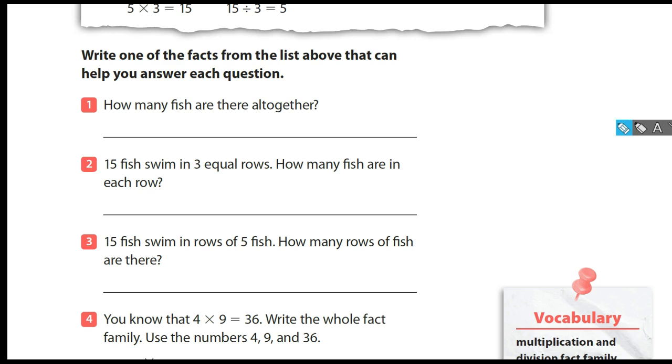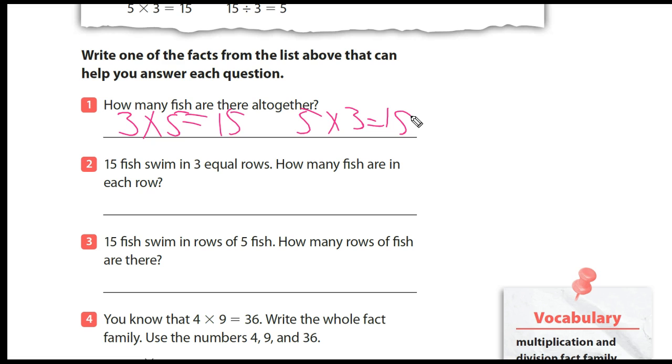But what am I going to write? So what was that? Times. So what would I write? Tell me. Ashley? 3 times 5 equals 15. Or I could write 5 times 3 equals 15, right? Because when I use the multiplication sentences, that tells me the total.